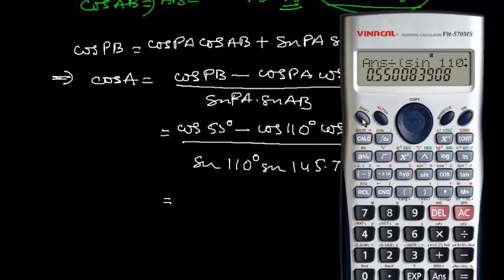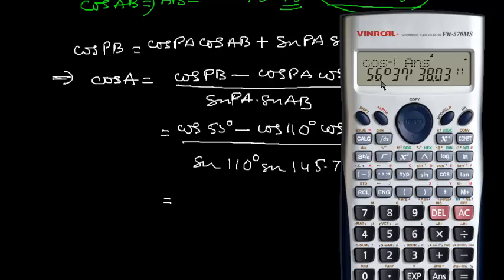So I get this value, which is 0.550083. This is the value of cos A, so I put inverse, shift, cos inverse, and I can put it in degrees, which is 56 degrees 37 minutes and 38, or dividing by 60, I get 0.6.